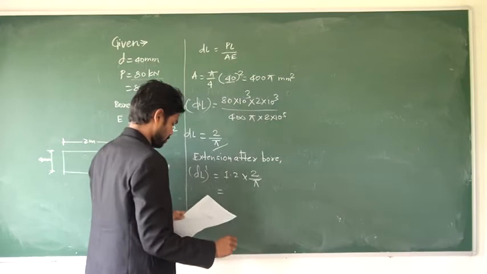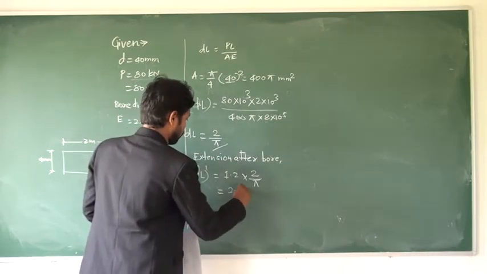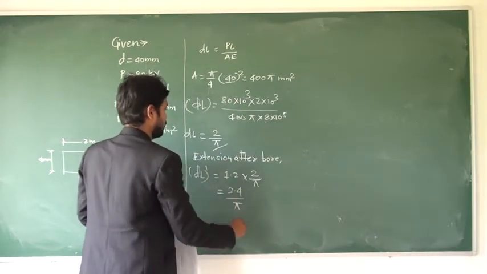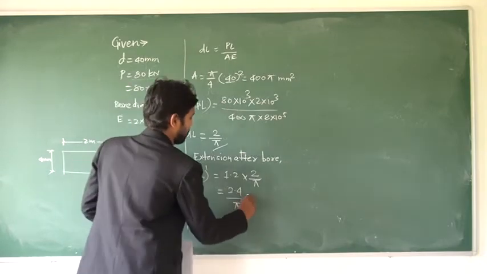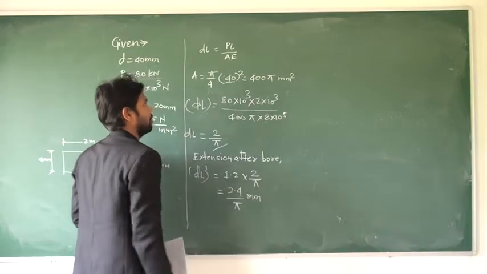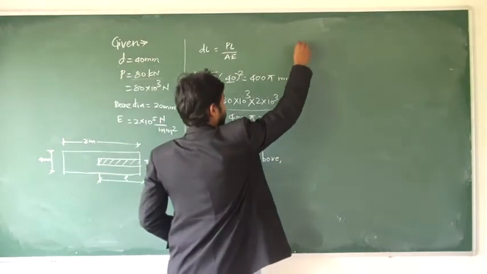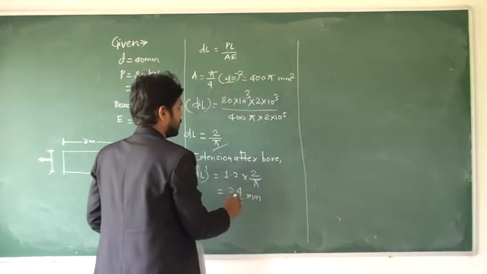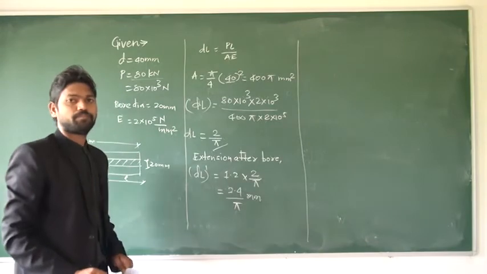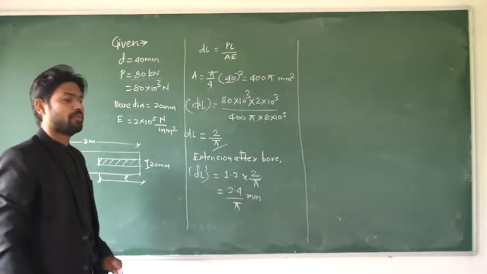So this will become 2.4 divided by pi mm. Okay, as per the statement, we have calculated the extension after the bore.